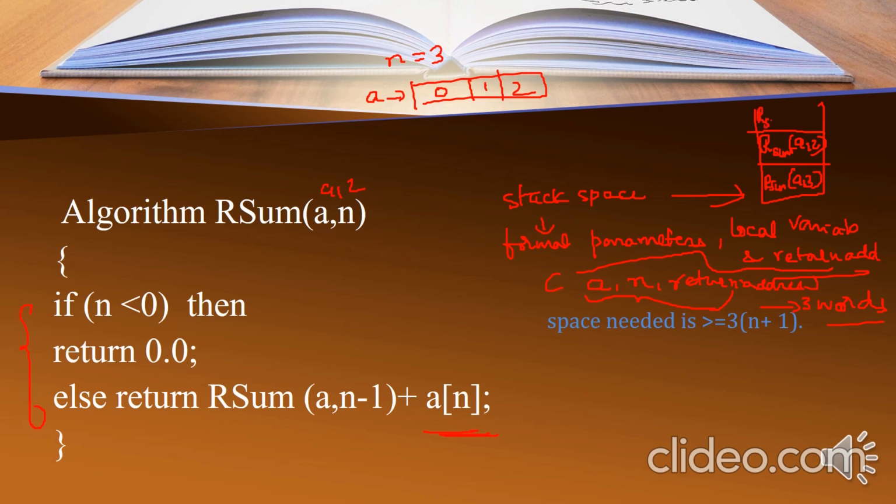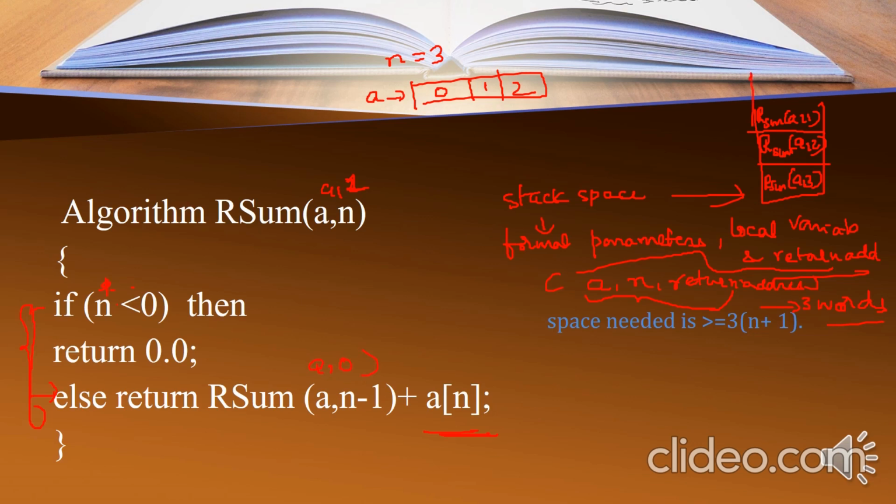So R sum a comma 1. So again now it becomes a comma 1, n is 1, which is not less than 0. So it transfers its control to the else part, so return R sum a comma 0.